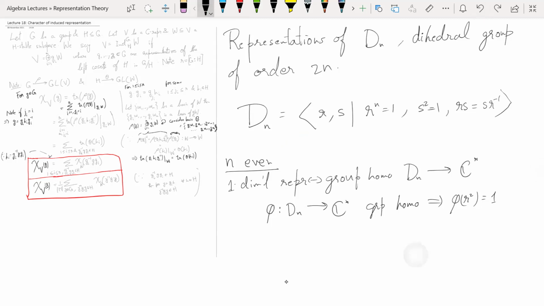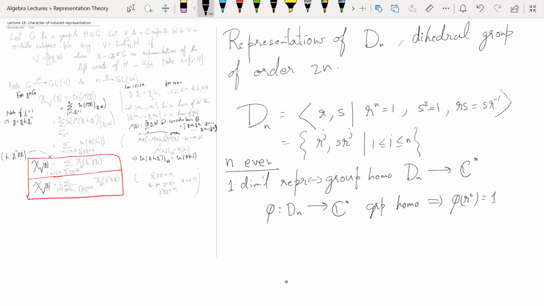The elements are r to the j and s times r to the j, with j between 1 and n. So it has 2n elements.